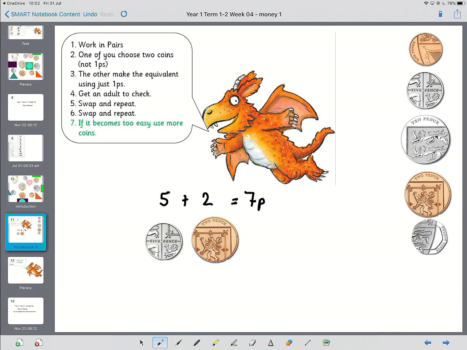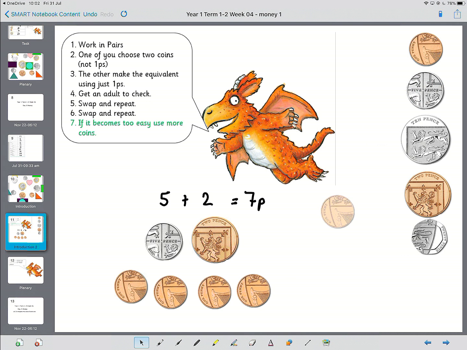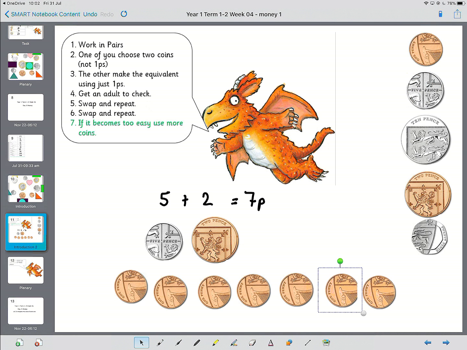And you may want to jot this down to help you, or you may want your grown-up to help you with this. So then how many 1p's do I need? 1, 2, 3, 4, 5, 6, 7. Brilliant. So we now know that 7p equals 7p. So we could, again, if we wanted to, if we were using whiteboards or paper, write the equals sign. Okay? And that's all there is to the challenge.